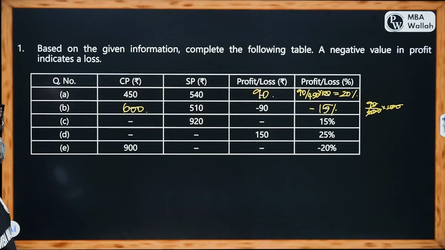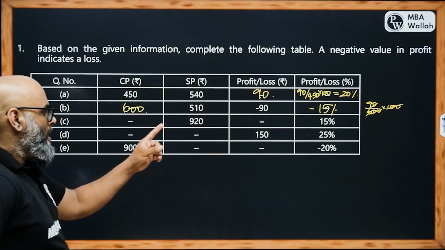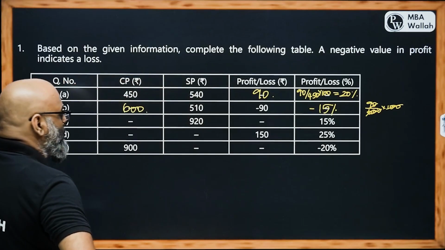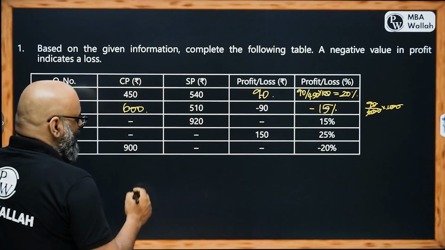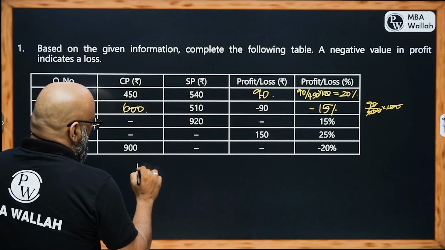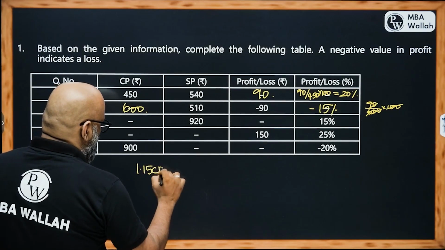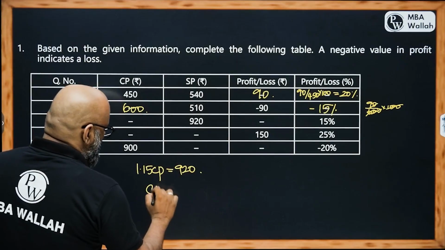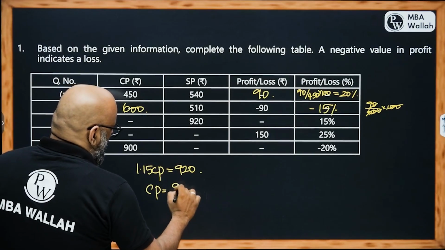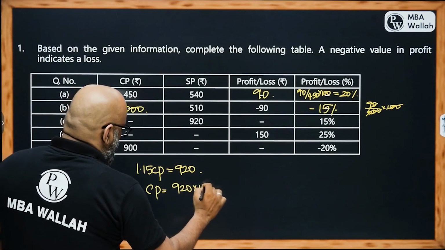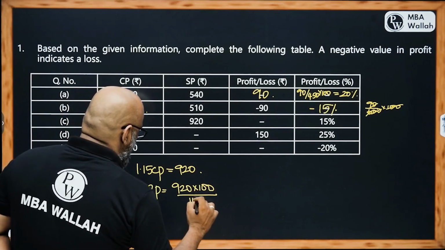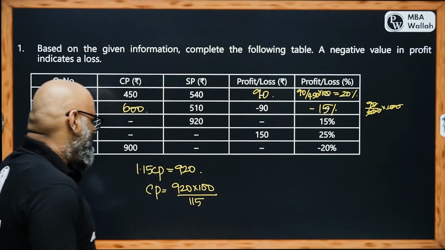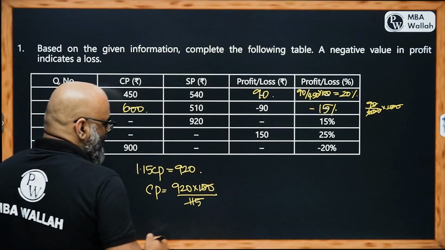Third one, your selling price is 920, your profit is 15%. We can find cost price. If it is 15%, you know that we can write it as 1.15 CP is equal to 920, or CP is equal to 920 into 100 divided by 115. So multiplying and dividing it by 100, 100 and 115 go well in 5.